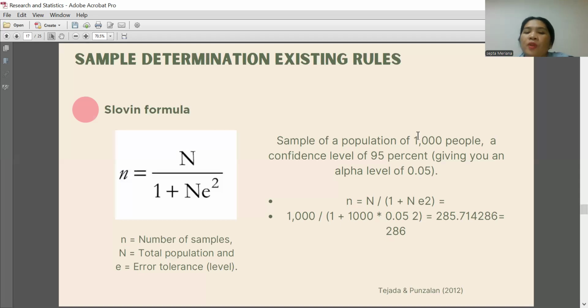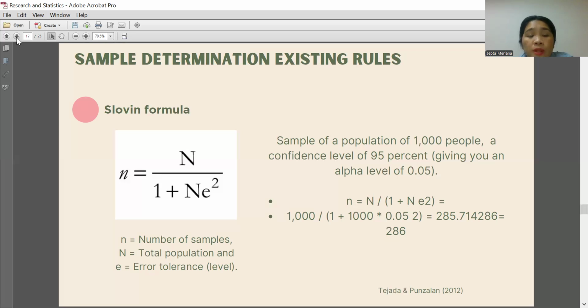For example, we have a population of 1,000 people, and we give a confidence level of 95%, and we give the alpha level of 0.05. So for n, you put in the formula, 1,000 per 1 plus 1,000 multiplied by 0.05 squared, and you have 285.71, and you just round it to 286. So this is the Slovin formula.